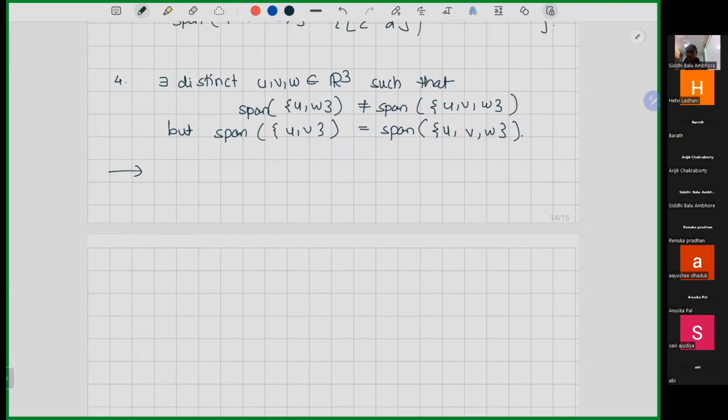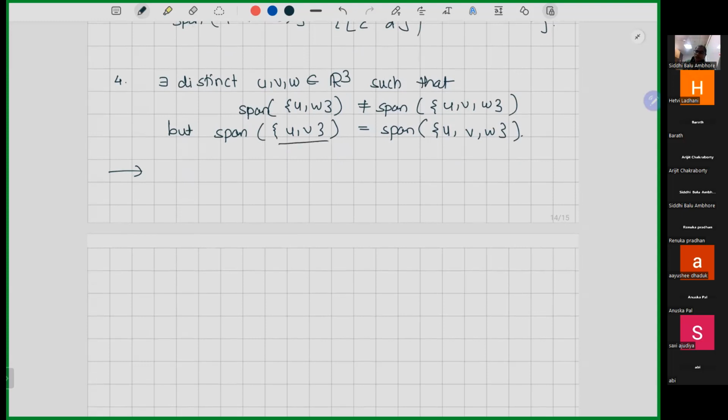Can somebody give me these U, V, Ws? Now, note that in this case our usual basis won't work because we want this condition to be satisfied.